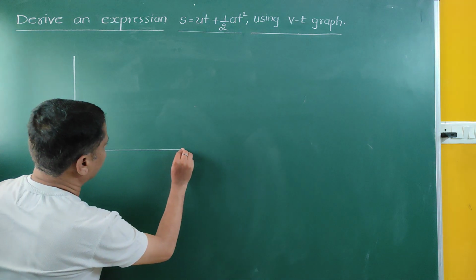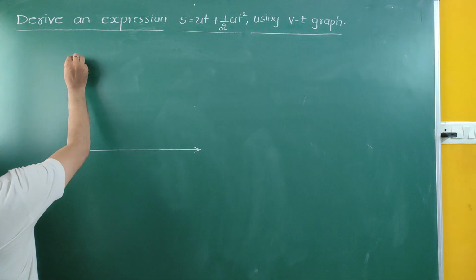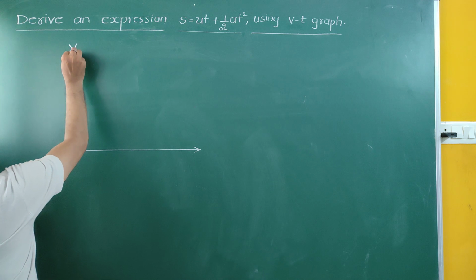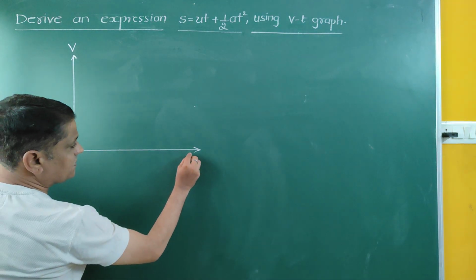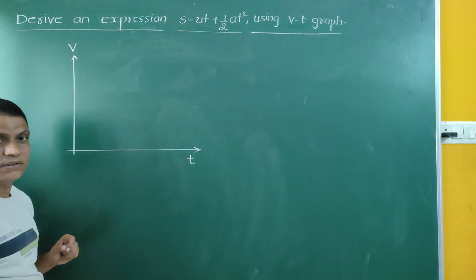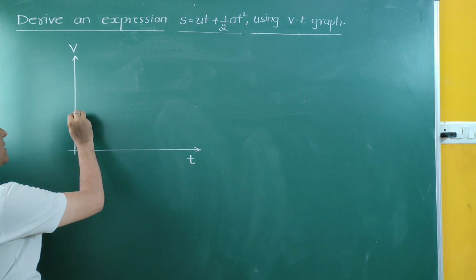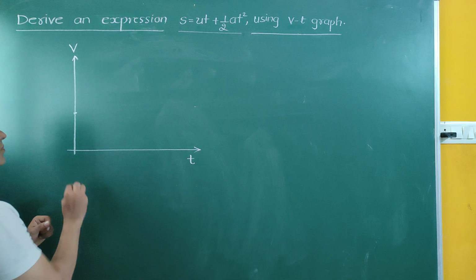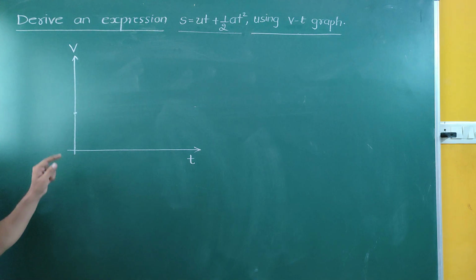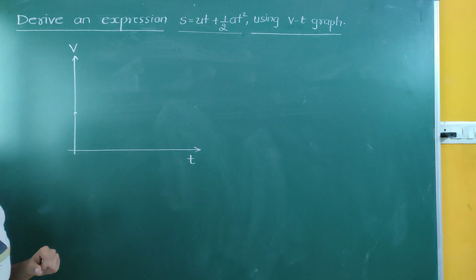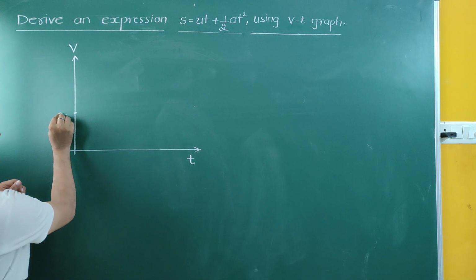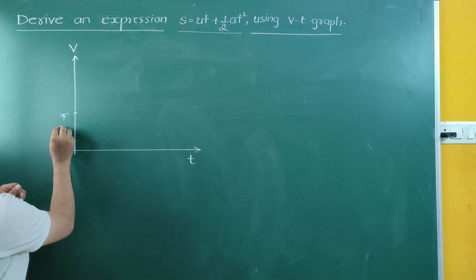VT graph means the graph which is plotted by taking velocity along the y-axis and time along the x-axis. As you know, the intercept on the positive y-axis gives the initial velocity, right? So this is our initial velocity u.